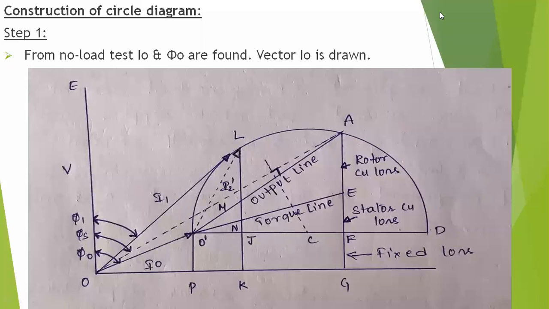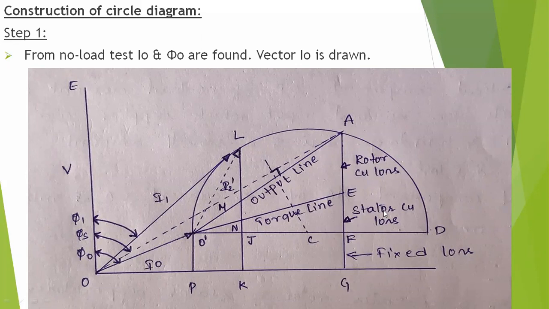So see here, O dash P is equal to FG, the fixed losses, and AF is the sum of stator and rotor copper loss. In the circle diagram, out of AG, AF is rotor copper loss plus stator copper loss.